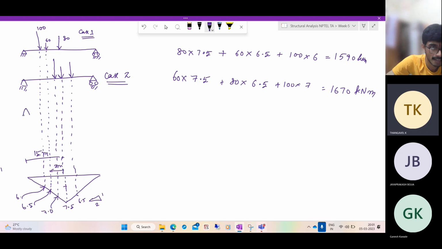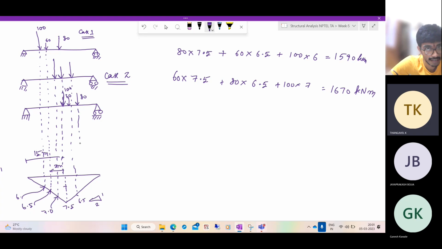Now let us consider the third and the last case. Now 100 kilonewtons is at the center. So at the center we have 100 kilonewtons. At 1 meter from there we have 60 kilonewtons. And at 2 meters from there we have 80 kilonewtons.